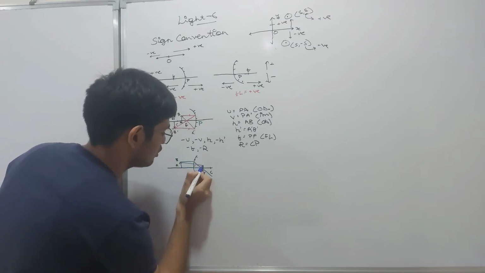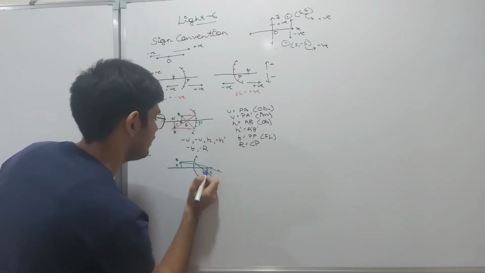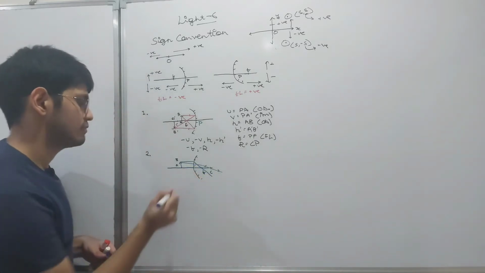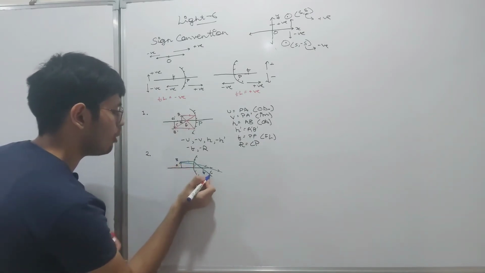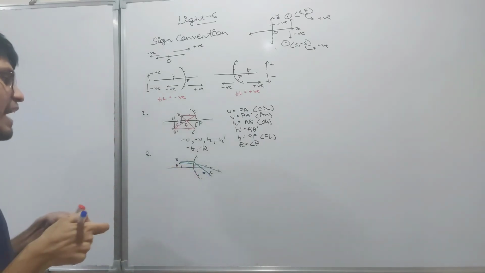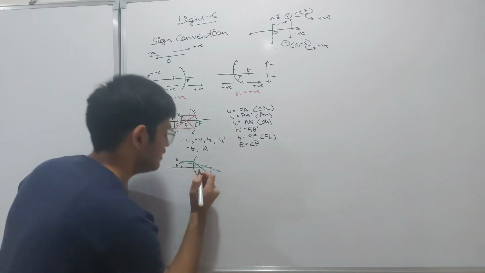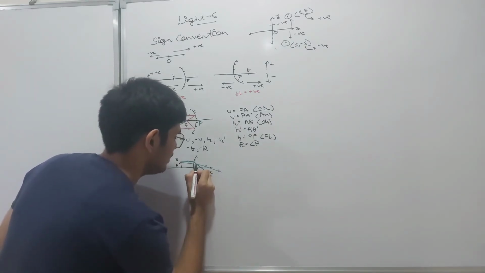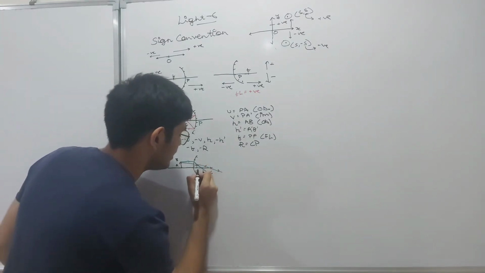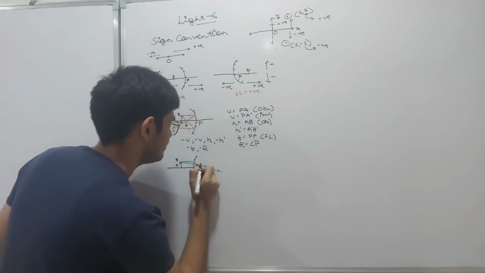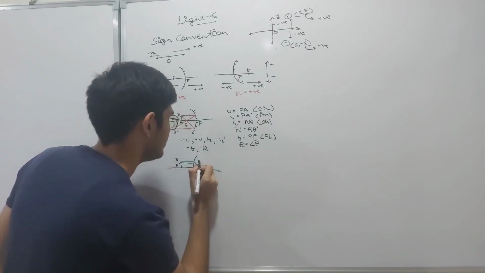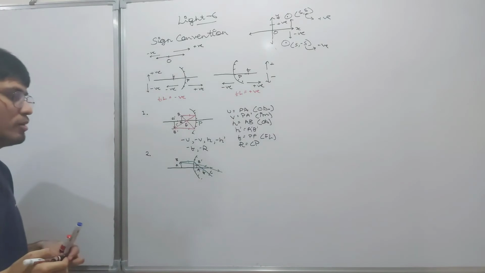It will pass through the center of curvature and get back undeflected. These two rays are being formed, and the image that we are getting is somewhere over here. Let this image be A dash B dash. This is the image formed.